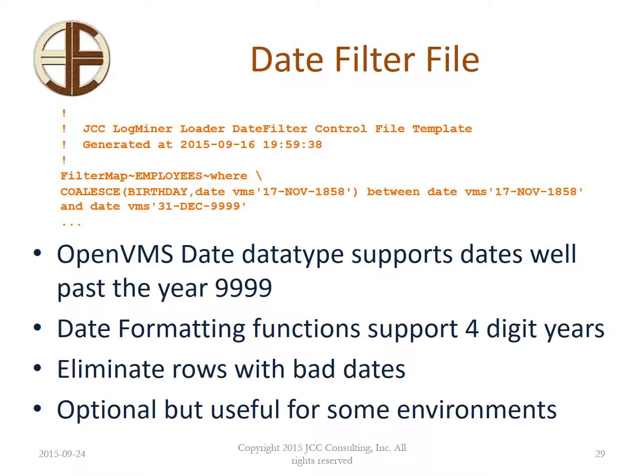The reason we added this is we had some clients who had some code against the source database that would frequently overwrite garbage into a date data type. And so rather than generating an exception every time we ran into that, we allowed them to just filter out those particular dates.